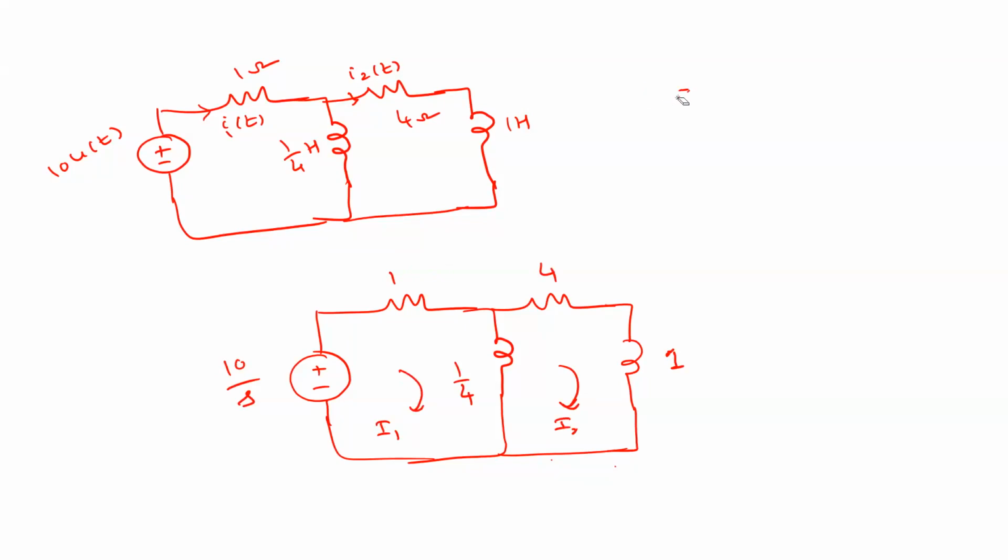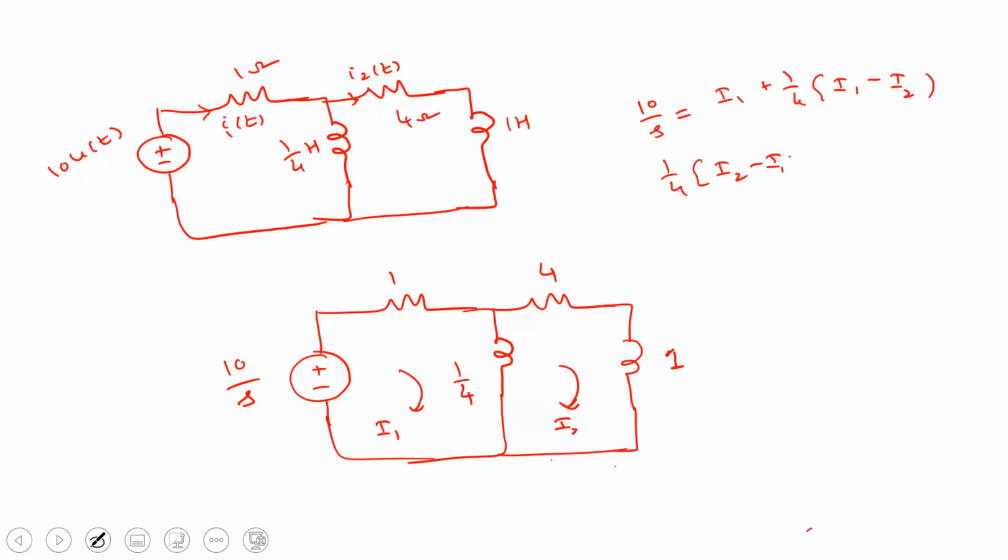By applying KVL, 10 by S is equal to I1 plus 1 by 4 into I1 minus I2. So this is the first equation. The second equation is 1 by 4 into I2 minus I1, plus 4 I2, plus S into I2. Actually, for inductors this is S. 1 by 4 S, right?